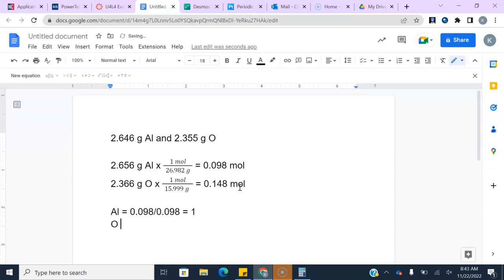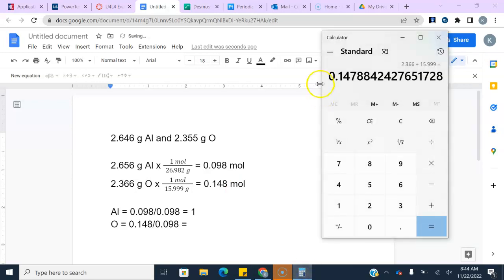And for oxygen, it'll be 0.148 divided by 0.098. So 0.148 divided by 0.098 will give us 1.5.